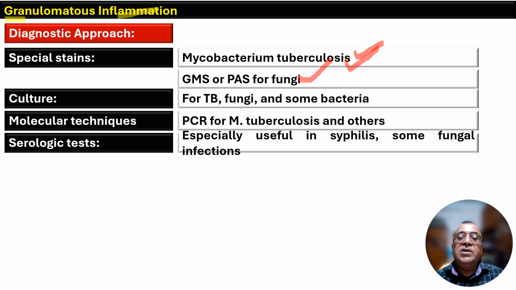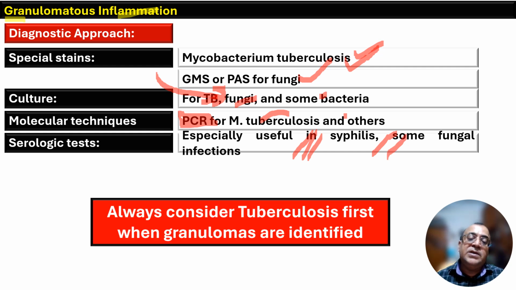The tissue can be cultured, and it can show whether it is due to TB, fungi, or some other bacteria. Then there are molecular techniques available for the detection of the causative organism, that is PCR for tuberculosis and other infectious agents. And there are some serological tests that are helpful to differentiate between syphilis and fungal infection. One important thing to remember: if you find a granuloma, always consider tuberculosis.